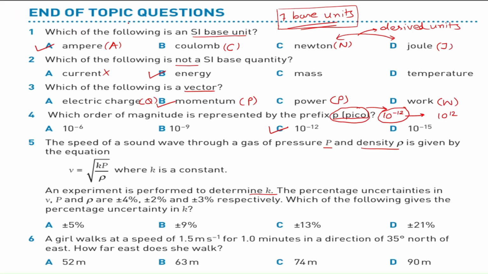Now we have to find the percentage uncertainty in K. To find this, we have to square both sides: V squared is K P upon rho, and K is equal to V squared rho upon P. Now we have to find the percentage uncertainty in K. Okay, we know the formula for how to get a percentage uncertainty.